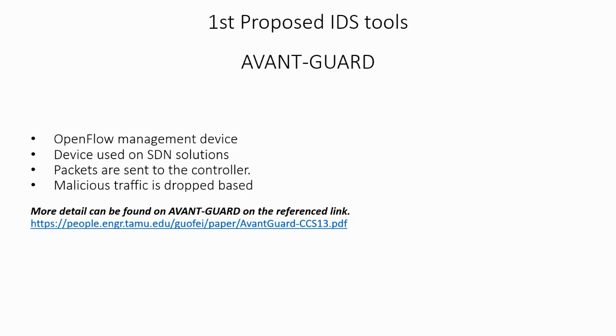Packets are sent to the controller where traffic is scrutinized. Then the packet is sent back out to the switch with a flow modification message, basically instructing to either permit it or to drop the specific packet.